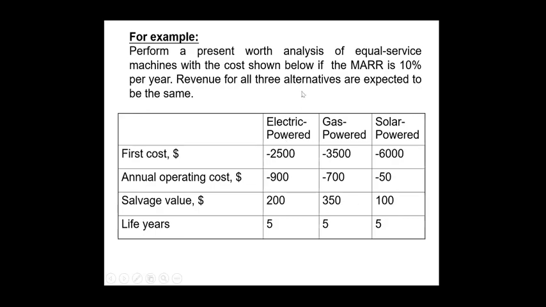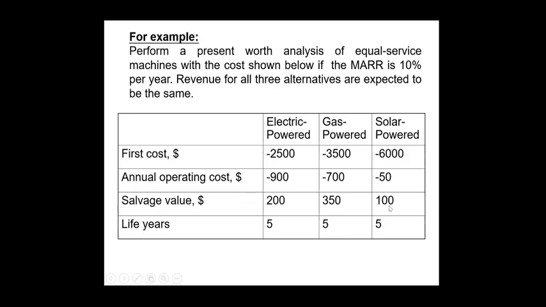Okay, and the minimum acceptable rate of return is 10%. And then we calculate the present worth of cost for each alternative.